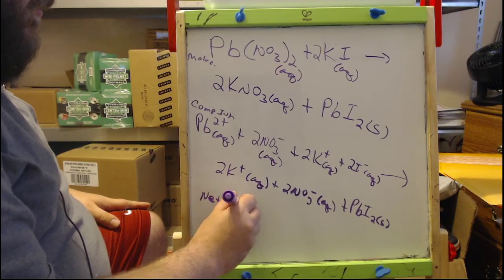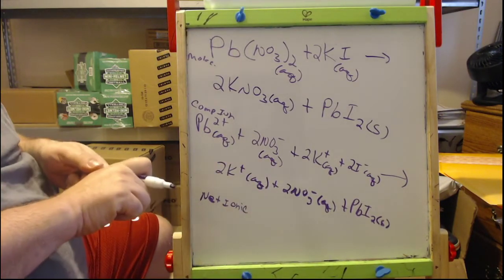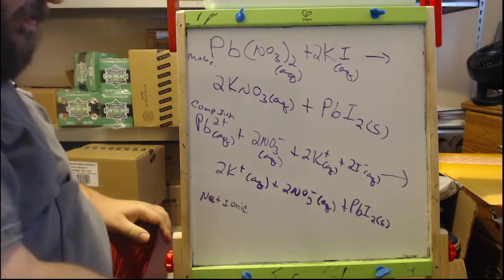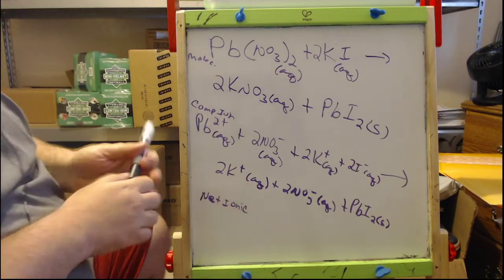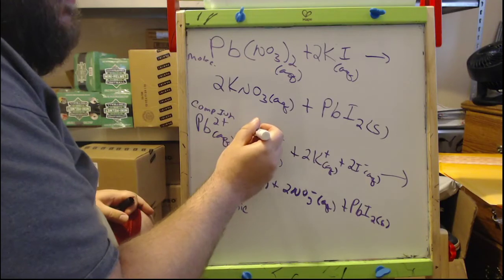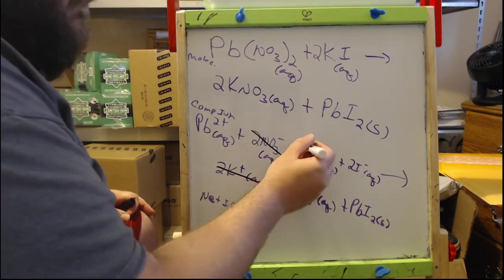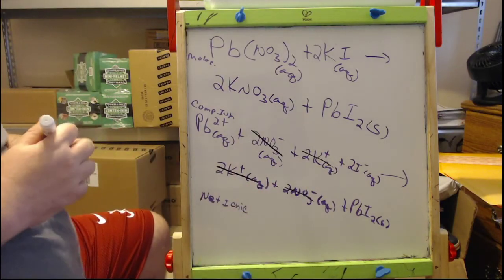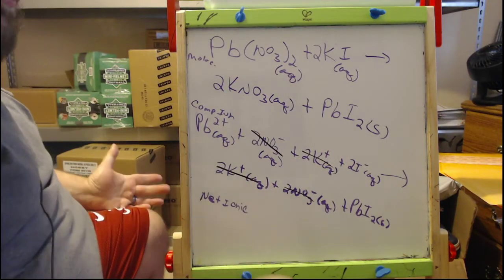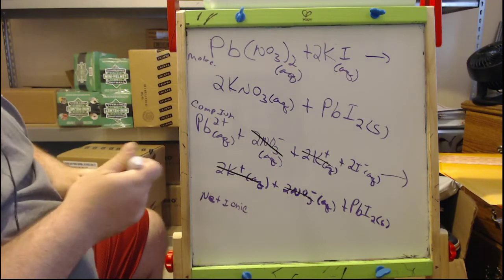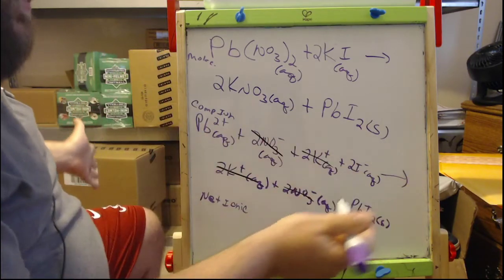The spectators are ions that appear on both sides as ions. So, my spectators here. On the reactant side, I have 2 nitrates, on the products, 2 nitrates, 2 potassiums, 2 potassiums. They didn't change. They just brought everybody to the party. To write my net ionic, what is left?